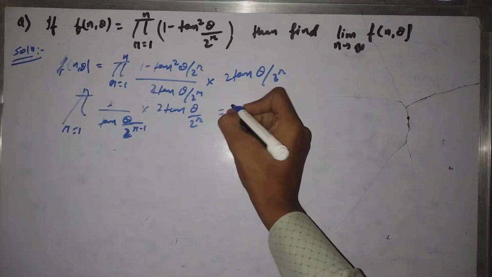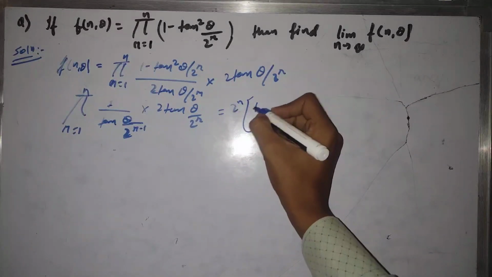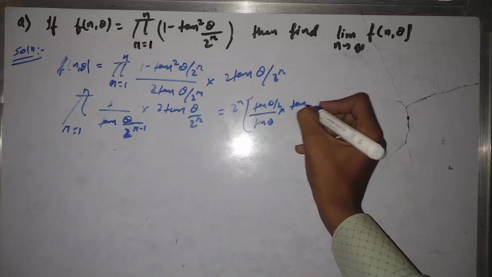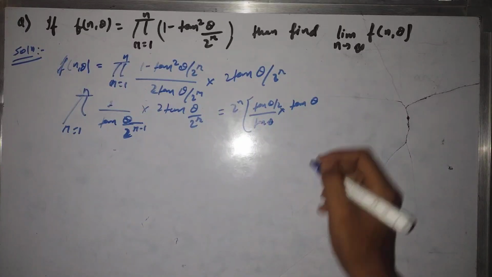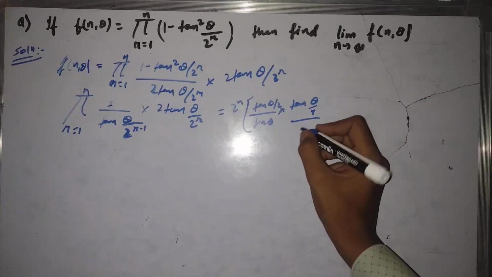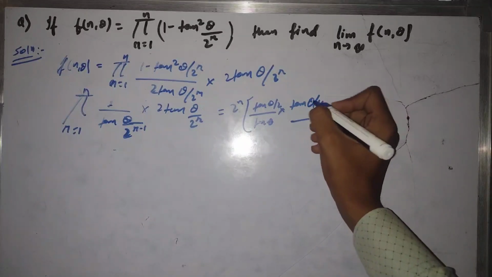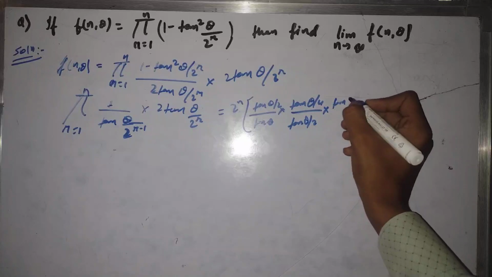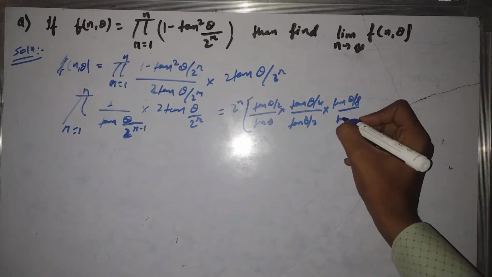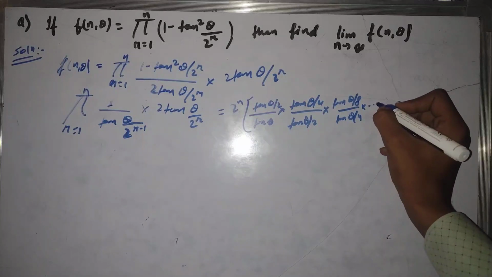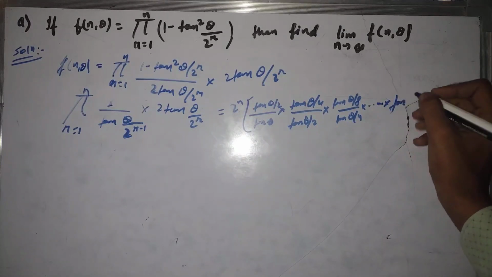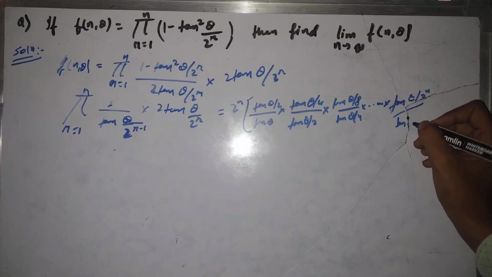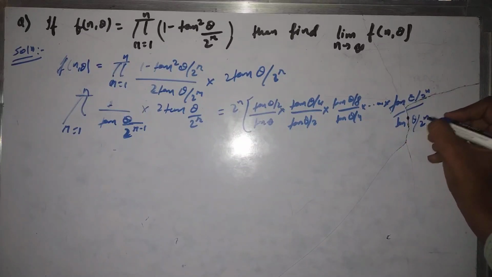Here we can see it is tan theta by 2 upon tan theta, here it is tan theta by 4 upon tan theta by 2, here it is tan theta by 8 upon tan theta by 4, all the way up to tan theta upon 2 to the power n divided by tan theta upon 2 to the power n minus 1.